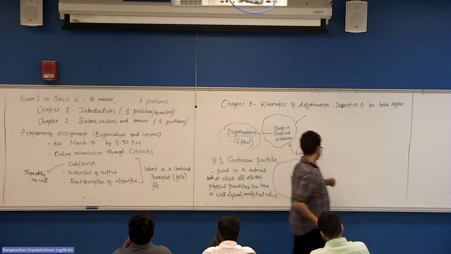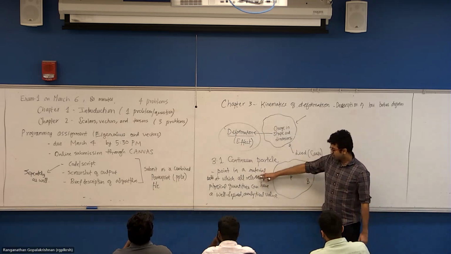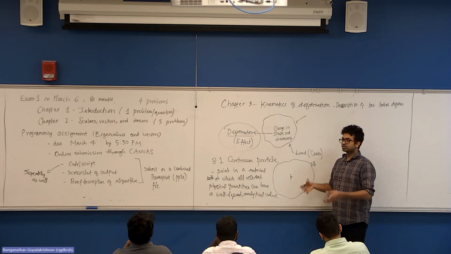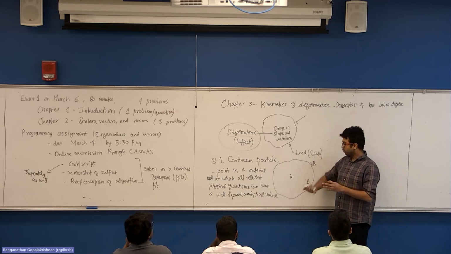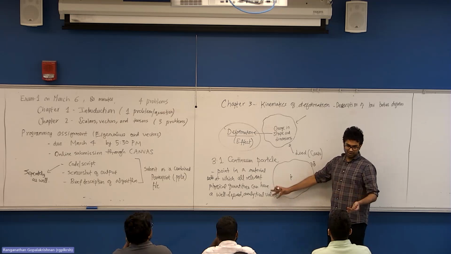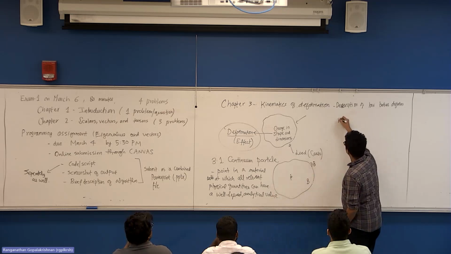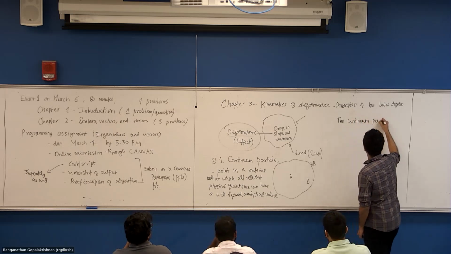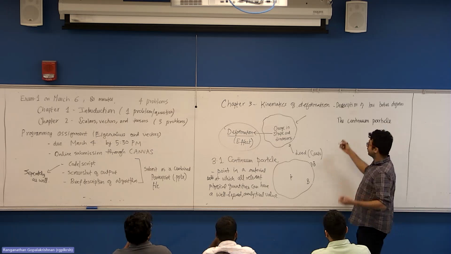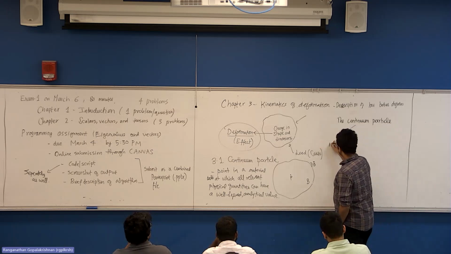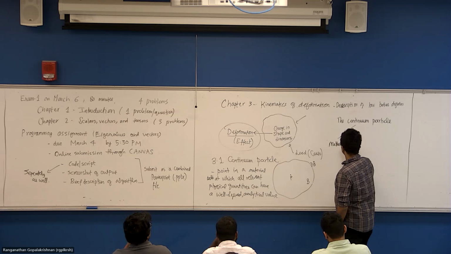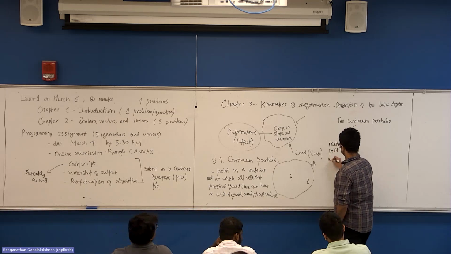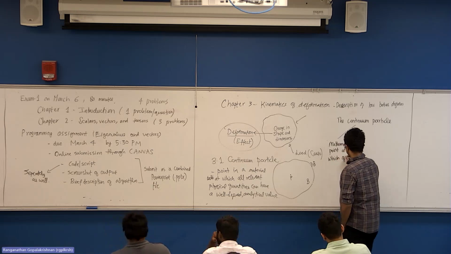It is a material point in which all quantities that you care about, like density, strain, stress, force, velocity, anything that you care about, is well defined as a tensor field or as a field in general. And the continuum particle, you can think of it two ways. It's a mathematical point at which quantities are well defined.